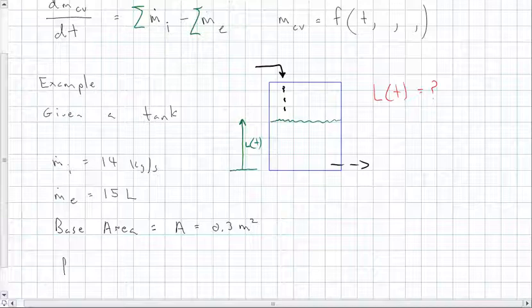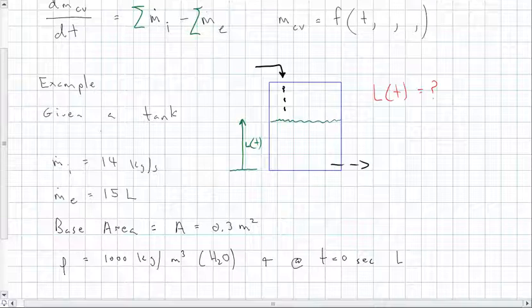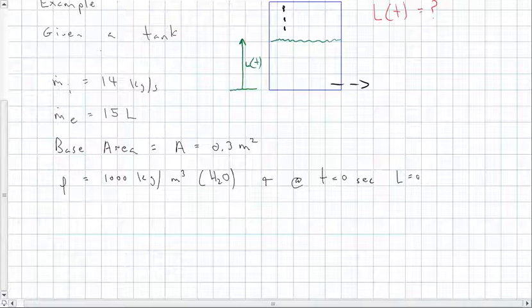The density of the liquid is 1,000 kilograms per meter cubed, basically H2O. And at time equals 0 seconds, L equals 0. So how do we attack this one?